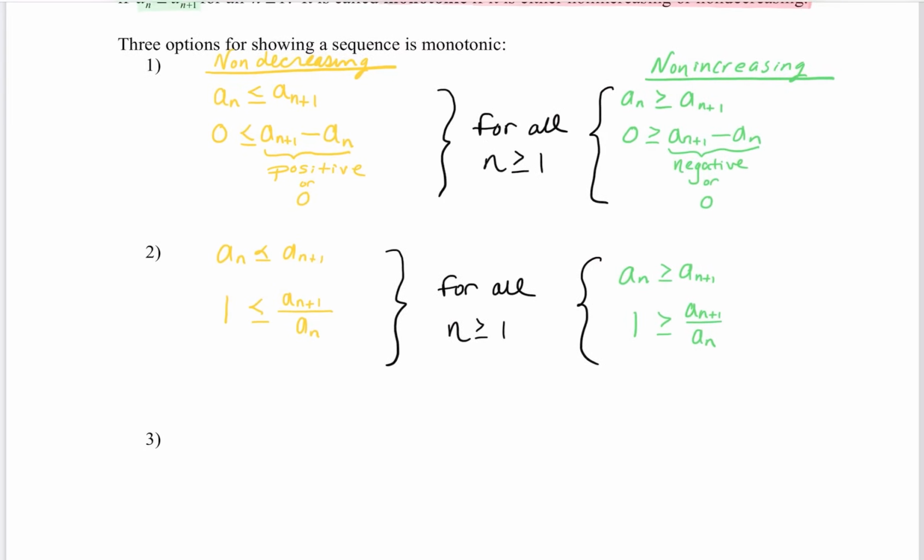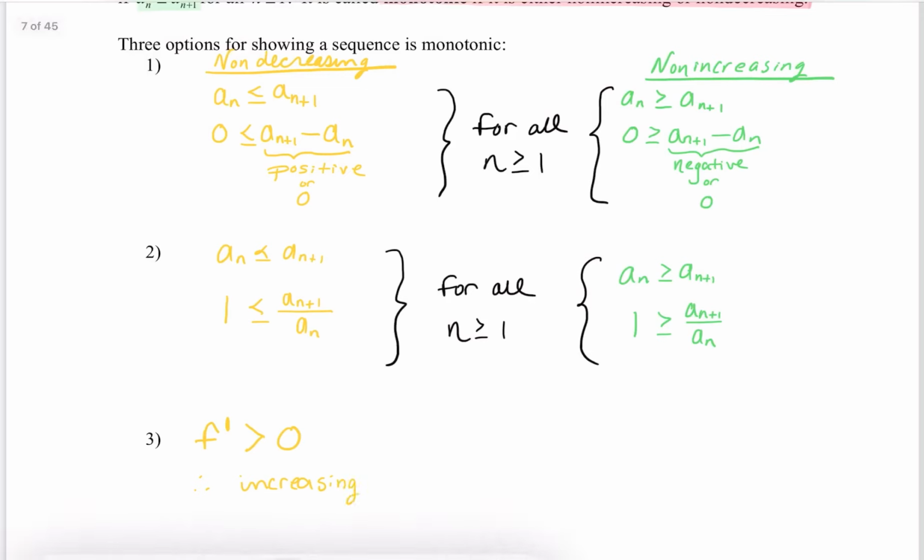All right, the last way is just to use Calc 1. So think about with Calc 1, if you were to find the derivative, and for non-decreasing, so basically increasing, if the derivative is greater than 0, then this would tell you that you would be increasing. So if you're increasing, then you're definitely non-decreasing.